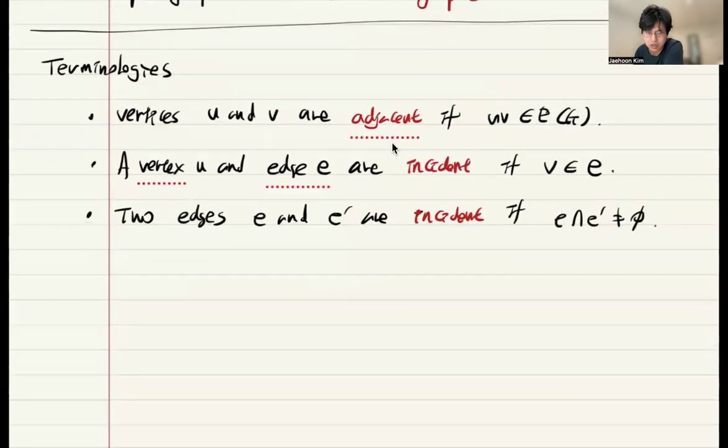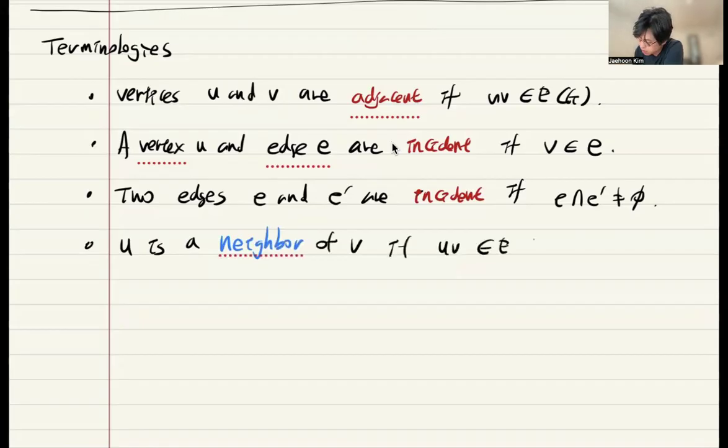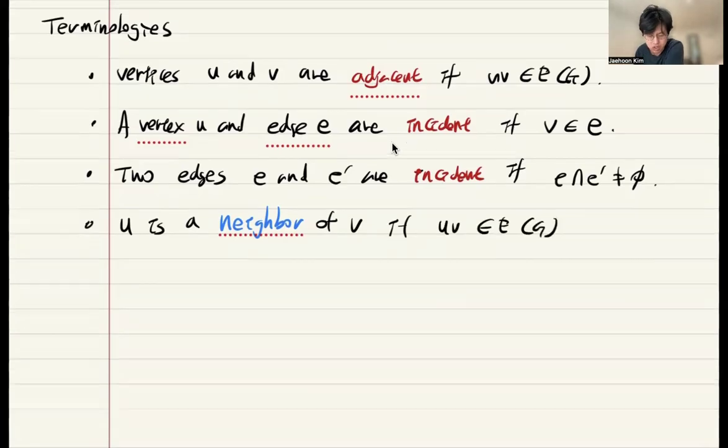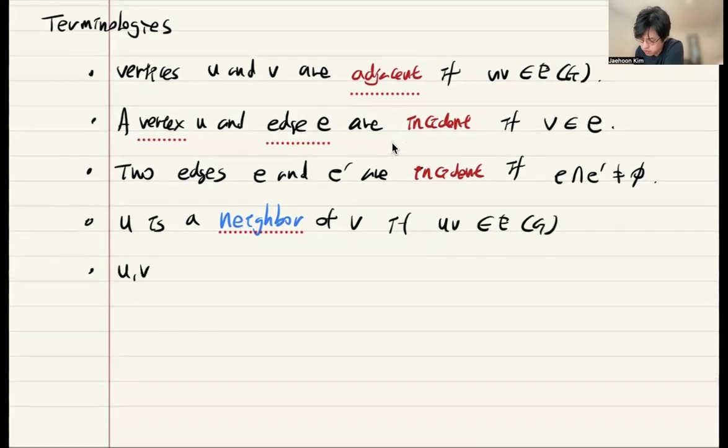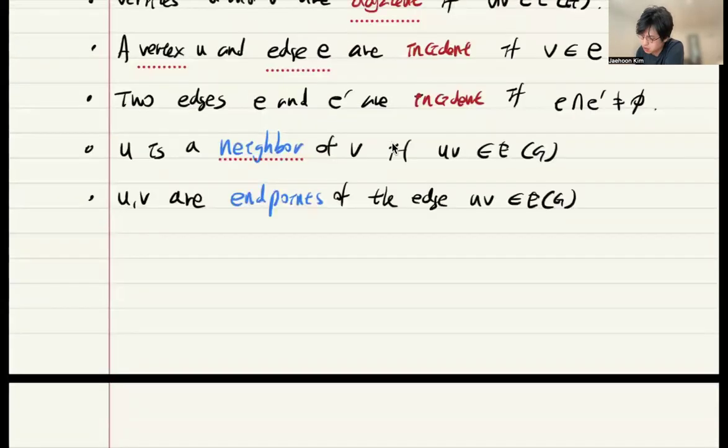Their intersection contains at least one vertex. And we say that U is a neighbor of V if, again, UV is an edge in G. And if there is an edge between U and V, then U and V are endpoints of the edge UV, which is in the graph G.